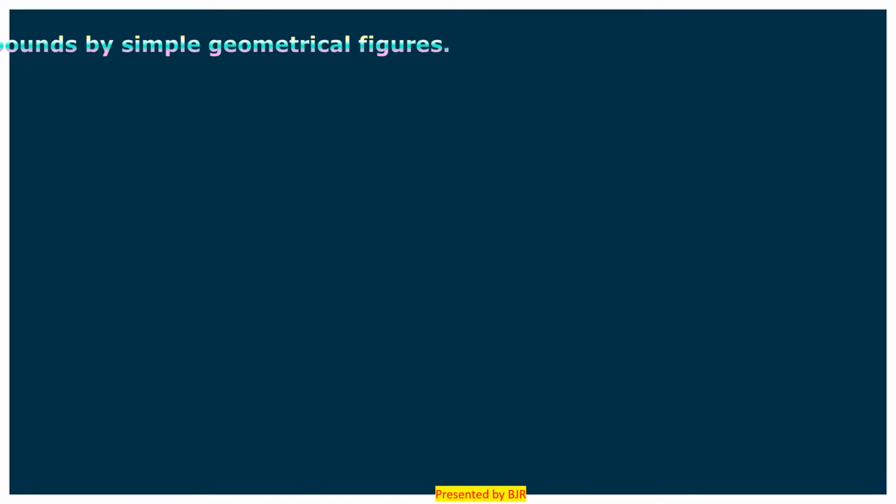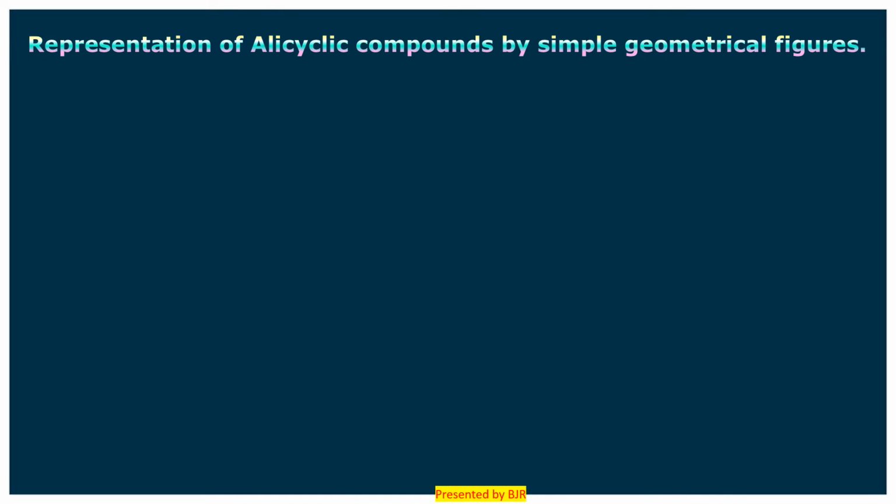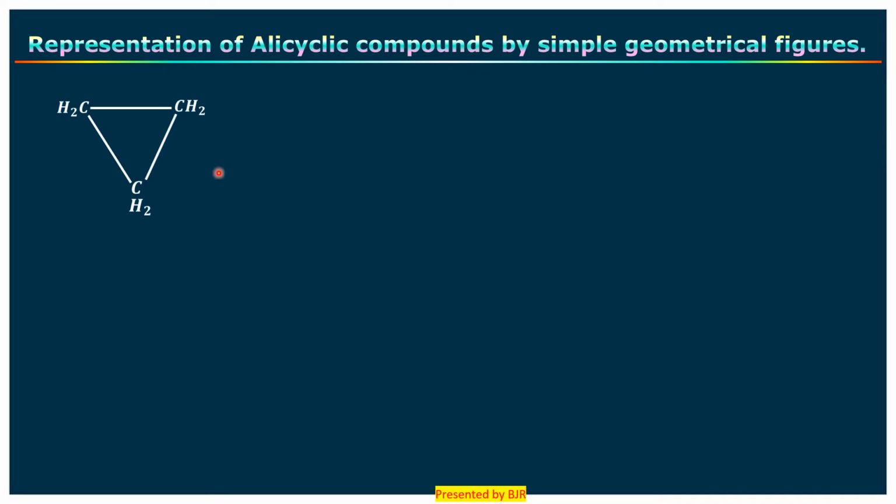Before exploring the IUPAC naming of alicyclic compounds containing functional groups, let us recap the geometrical representation of alicyclic compounds, which is commonly done using line angle structures. So, representation of alicyclic compounds by simple geometrical figures. This is an alicyclic compound named cyclopropane because it contains 3 carbon atoms in the ring.